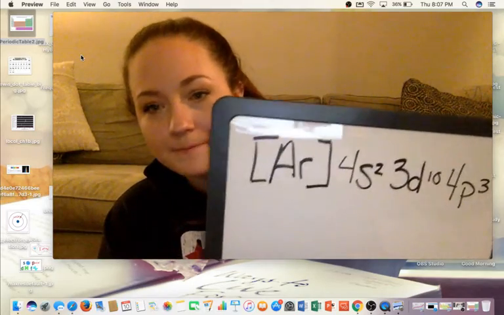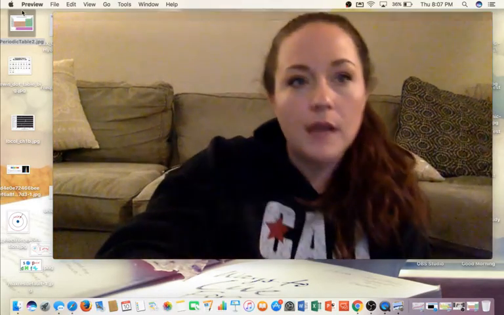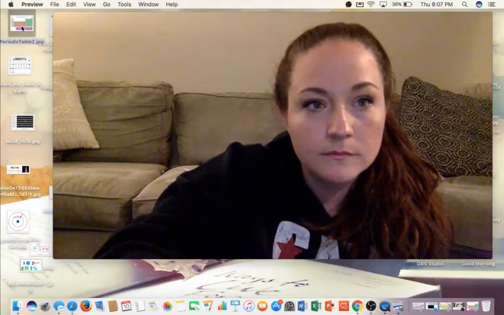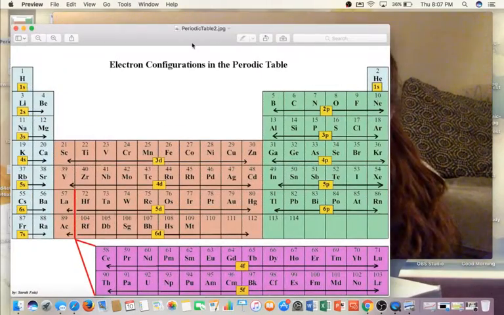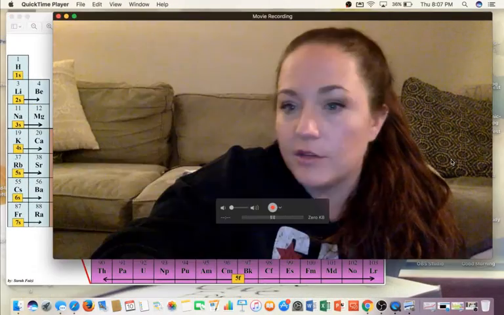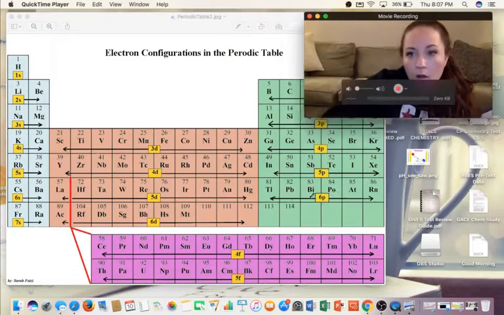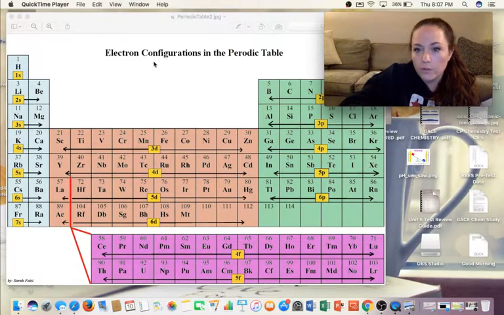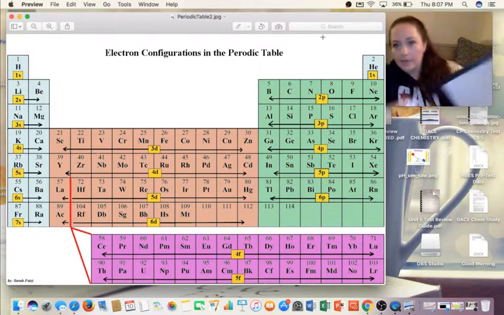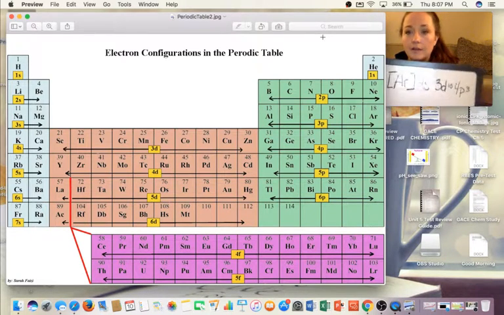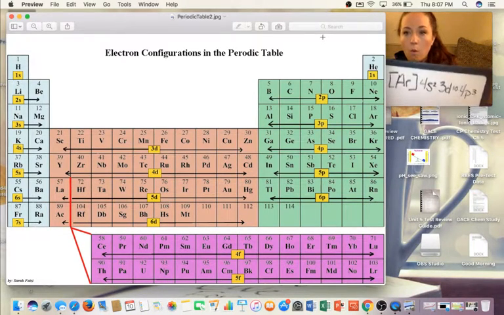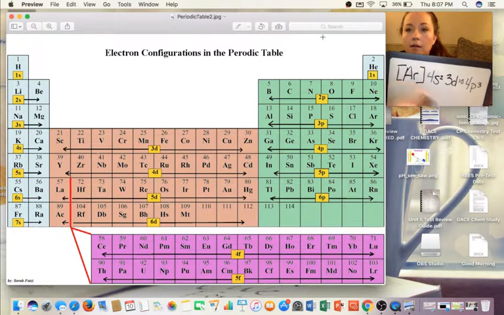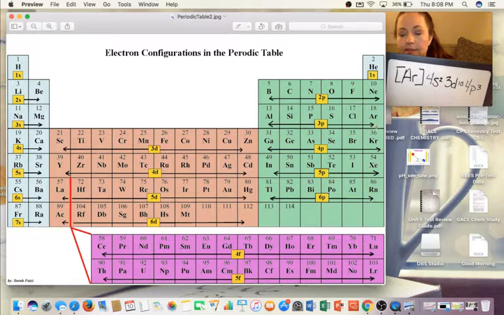All right, so let's pull up our cute periodic table. Remember that you need to have this memorized for tomorrow. Remember that the periodic table that I'm giving you tomorrow in class, you can write on. Okay, so argon is a noble gas.